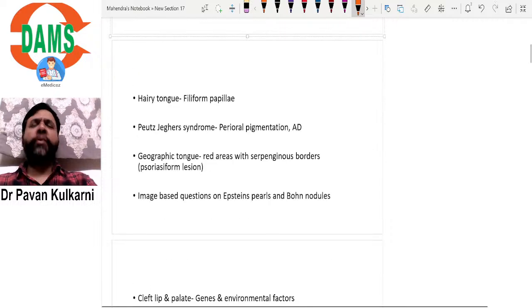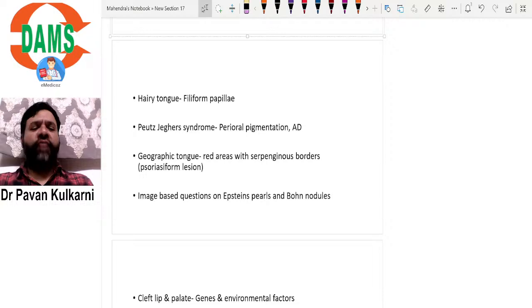Now, all of us know about the hairy tongue, where there is a hypertrophy of the filiform papillae. And one other important syndrome here, Peutz-Jeghers syndrome, that very frequently comes. What are we supposed to know about Peutz-Jeghers syndrome? Mainly that there will be perioral pigmentation. Here, what they will give you is pigmentation in some other location. Tongue is the most common site?